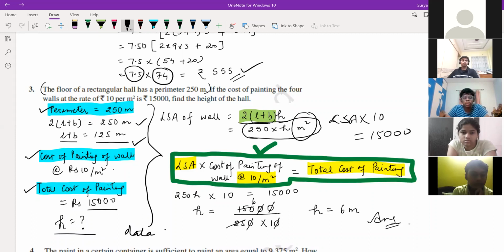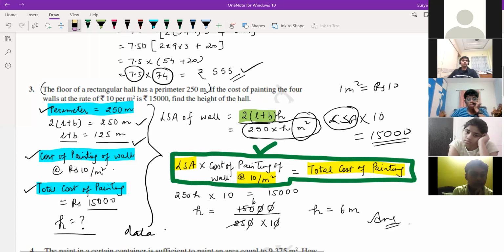Understood? Yes, sir. Diksha, is it clear to you? So lateral surface area multiplied by 10, since 1 meter square is rupees 10, gives the total cost, 15,000. If you understood this much, you can do it easily. Understood? Yes, sir. Now I'll do it.